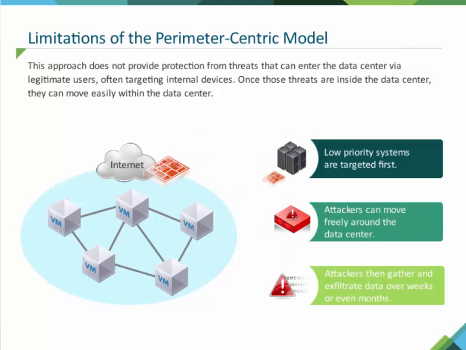For example, malware targets low-priority systems with lower protection and then moves laterally among servers through the data center network. However, with traditional security mechanisms, traffic between servers is nearly impossible to secure. Eventually, malware will move to a target system where it can collect information and begin exfiltration.